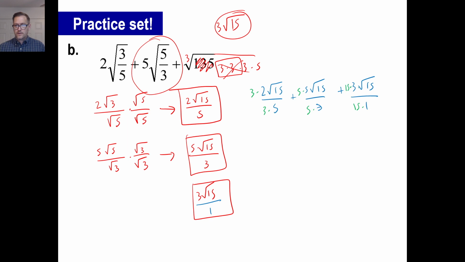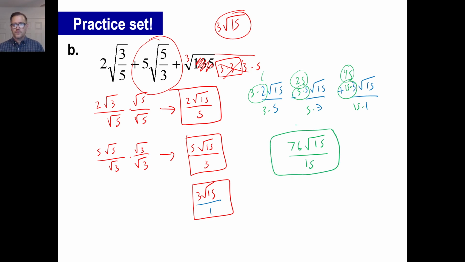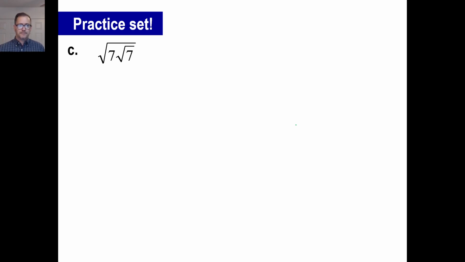So 3 times 2 is 6, 5 times 5 is 25, 15 times 3 is 45. All these are square root of 15s, so they're like terms. So 6 plus 25 plus 45, that's 70, 70 plus 6, 76. Square root of 15 over 15. Just such weird numbers. Anyway, that's your answer for that one. Pause it and try C and see what you get.